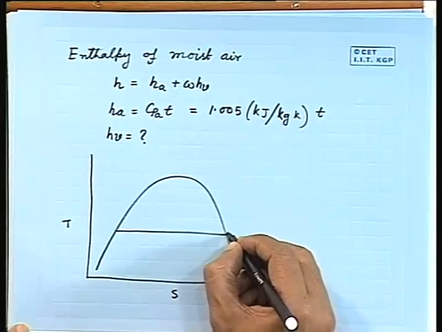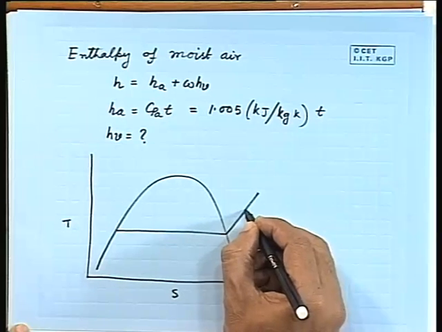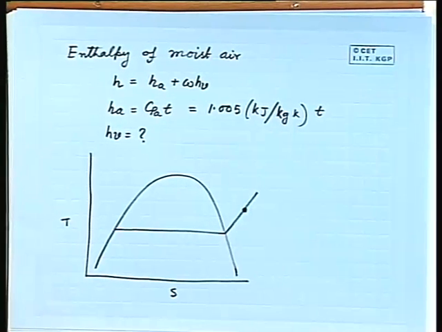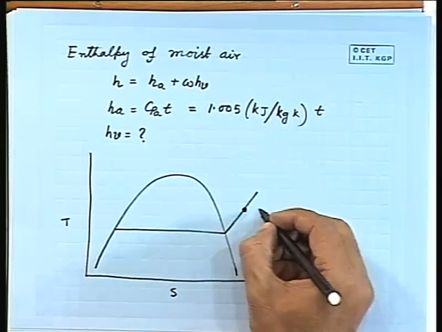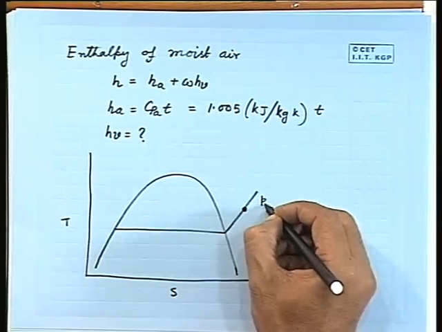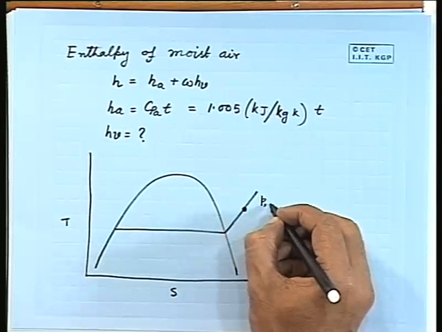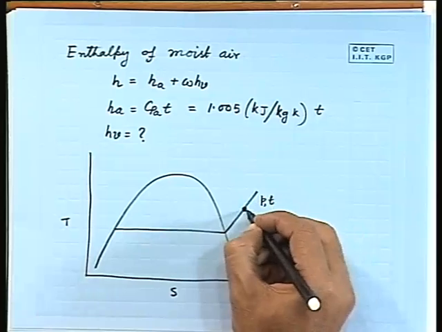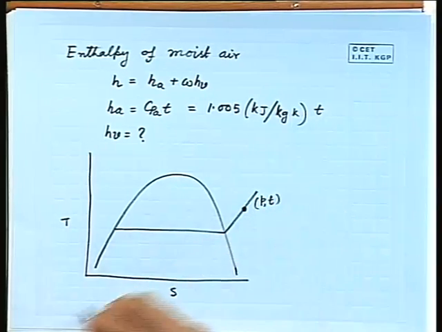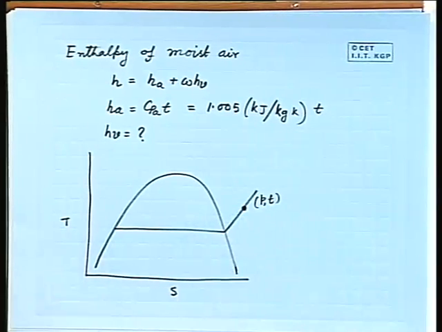Our sample is somewhere here, that means it is at a pressure P and at a temperature T. At this point, we want to calculate what is h_v.